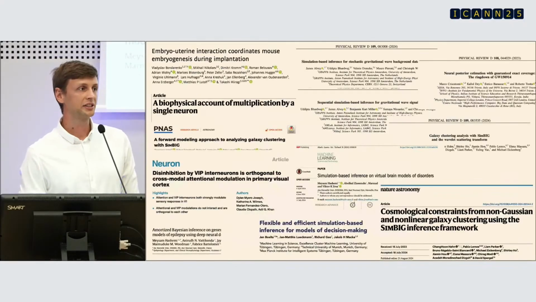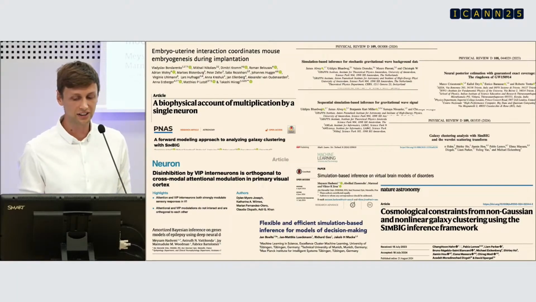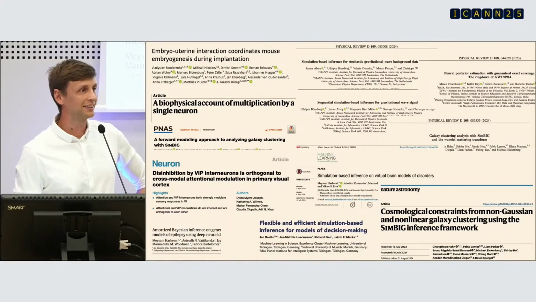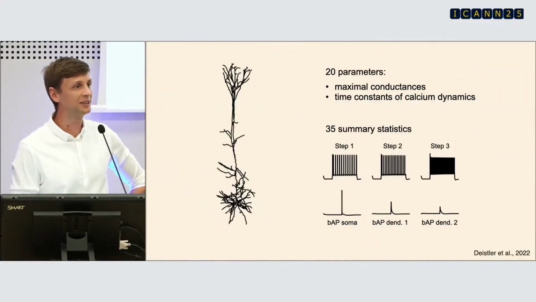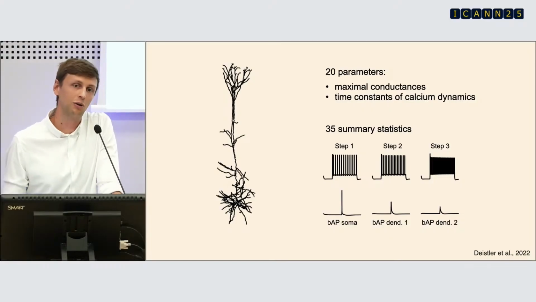And over the past years, the SBI toolbox has become really popular and has helped people perform inference in models as wide as particle physics, astrophysics, biophysics, neuroscience, economics, biology, and genetics. But I do now want to get back to the original motivation, namely neuroscience. So how can we use this to build biological systems?